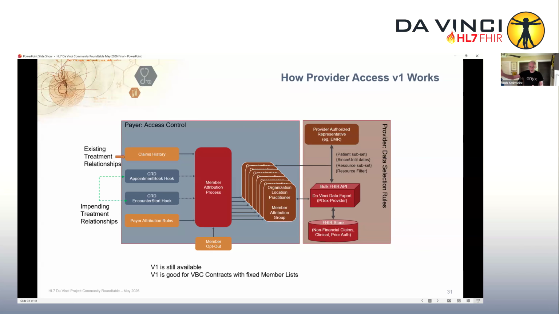Create that list and allow the provider to come in and query for all of those members. They're probably going to query for them every month, and say, give me everything for the month of April, and take all of that data. And then the following month, give me everything for May. And so it does have a use, and that's why we're not actually withdrawing version 1. It's still there in the IG, and that was in version 2.1.